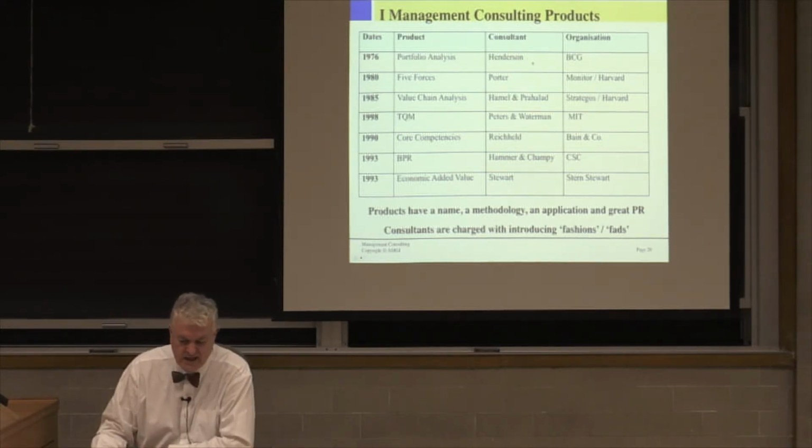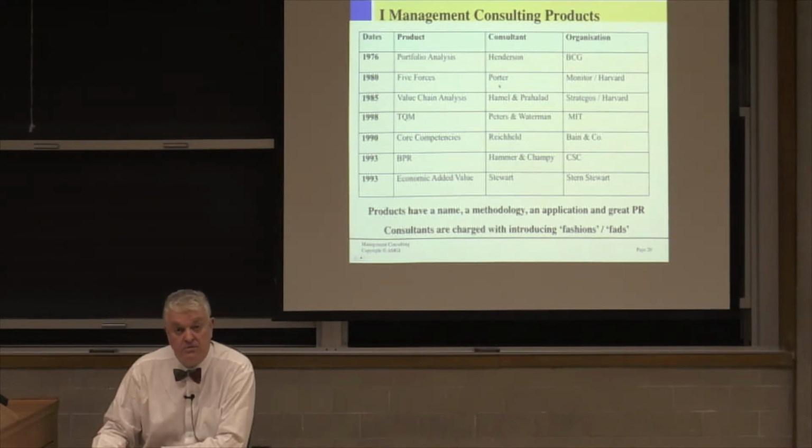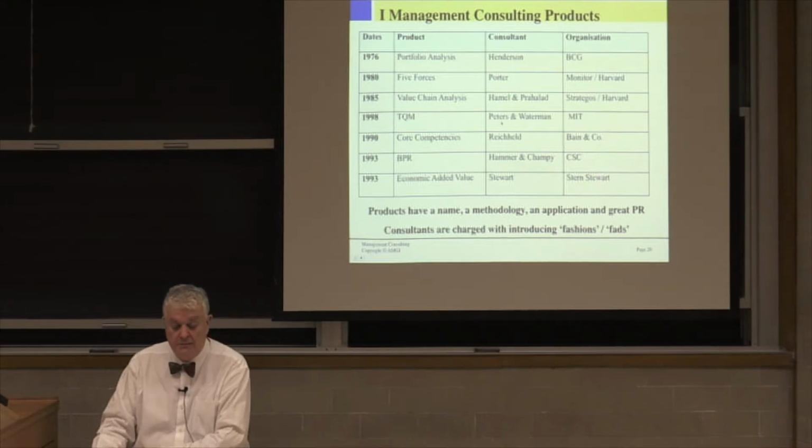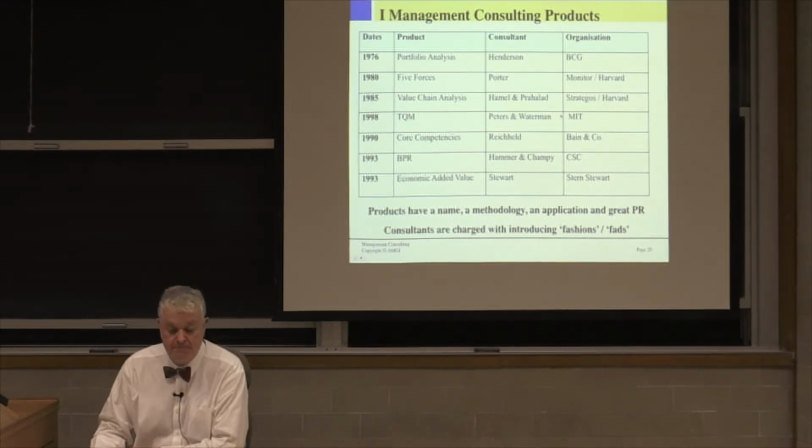Portfolio analysis, Henderson out of Boston Consulting Group, The 5 Forces by Michael Porter, and Michael Porter's value chain as well, but he was both a Monitor consultant and at Harvard. Core competencies, Hamel and Prahalad, out of Harvard, and Strategos Consulting, TQM, Peters and Waterman. Again, they were practitioners, but they did this through MIT.